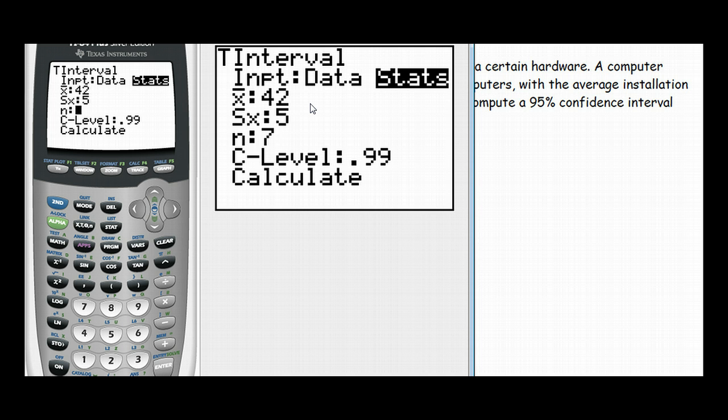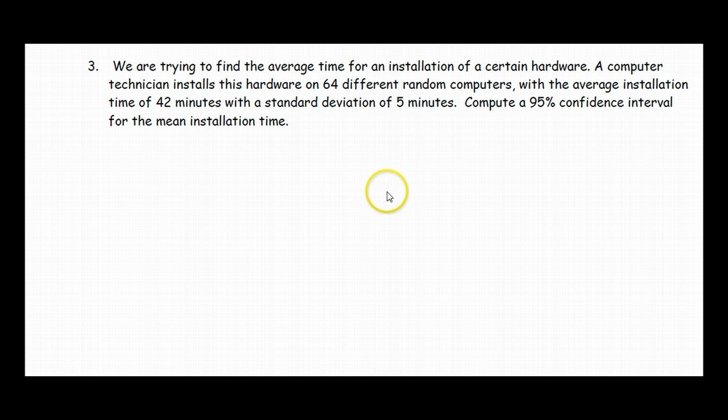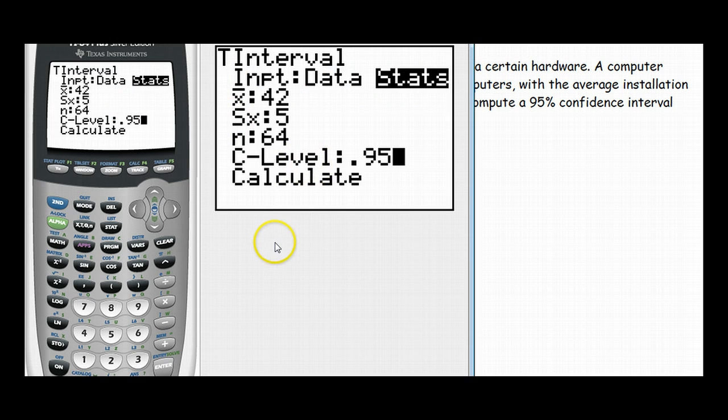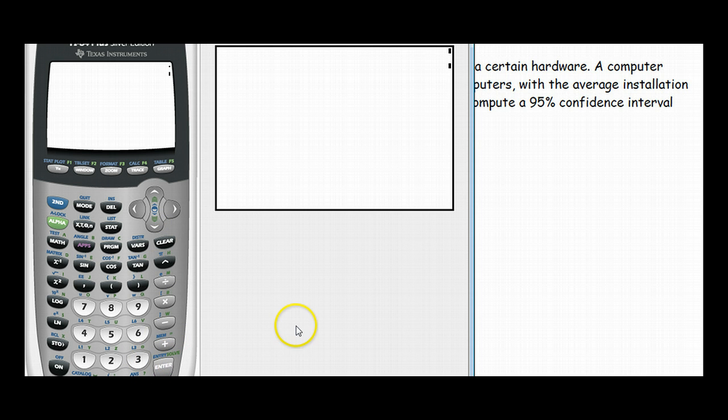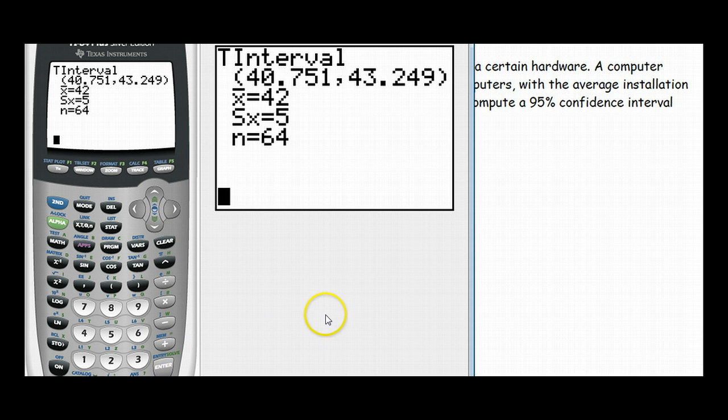And the N was 64, and we wanted the 95, so 0.95 confidence interval. Let's make sure we plugged in everything correctly. And let's hit calculate. All right, so I have this here. I'm going to use this again when I go back to here, but let's go ahead and go back to our notes and run our PANIC.